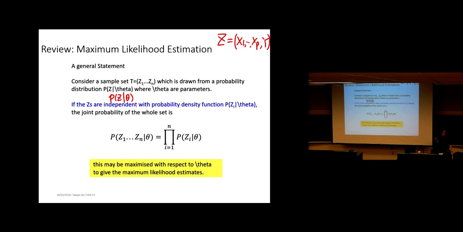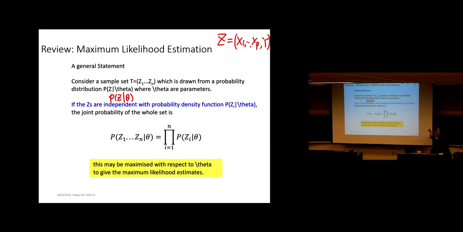So how do you do it? You're trying to maximize the drawn probability. Here, Z1 is the first observed sample, the first training sample, then the second training sample, until the nth training sample.